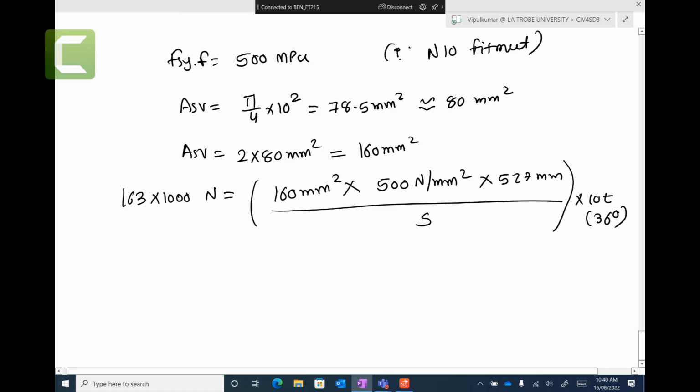Right. So let me use my calculator. 160 times 500 times 527 divided by 163 divided by 1000 times 1 divided by 1036.